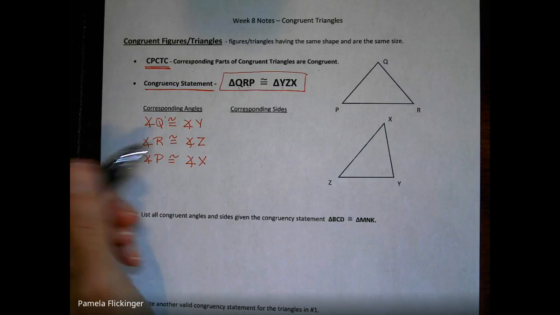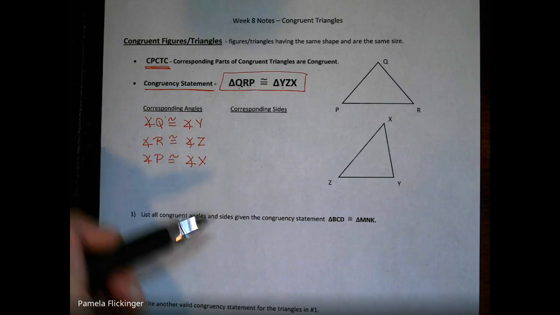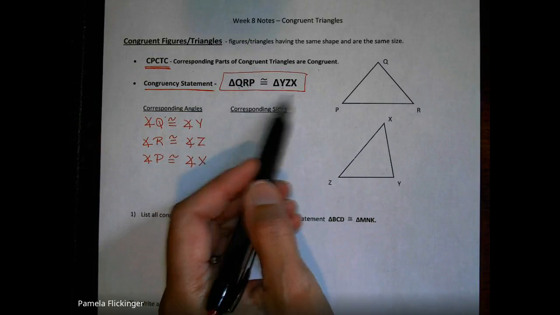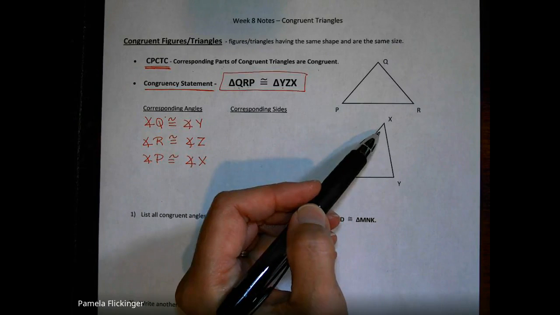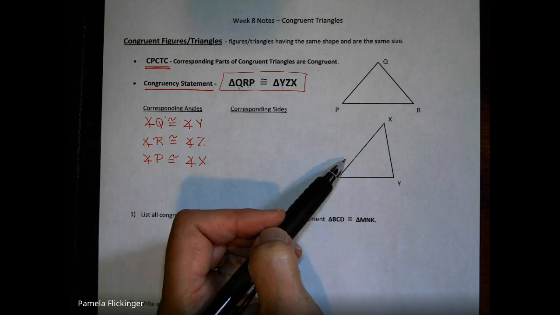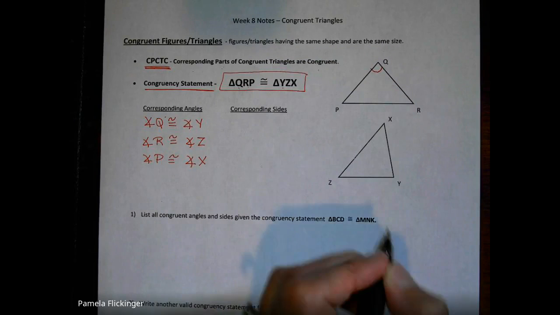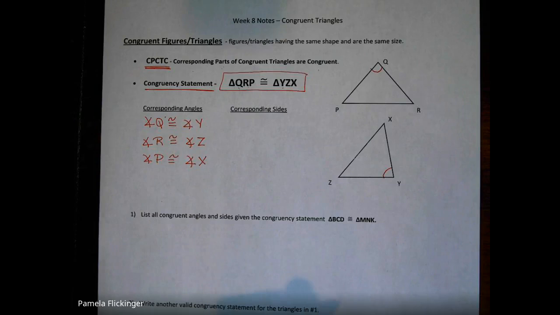Now let's go to our picture, all right? Because on a picture, if you're not given a congruency statement, you need to look at your picture and identify how things are marked. So you would have angle Q would be exactly marked the same as angle Y. So you would know those pair together.